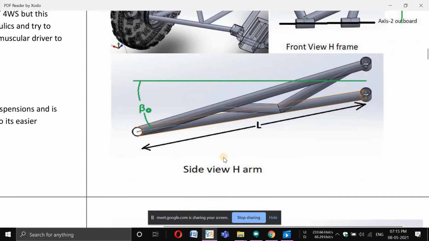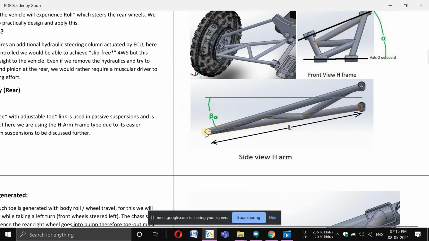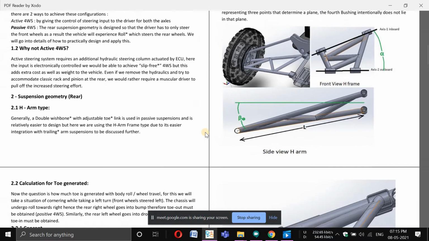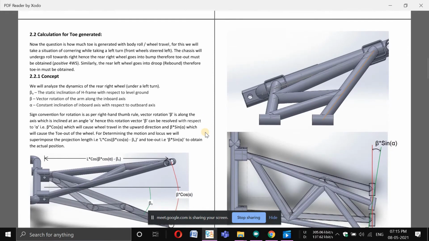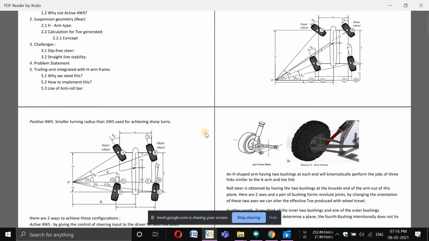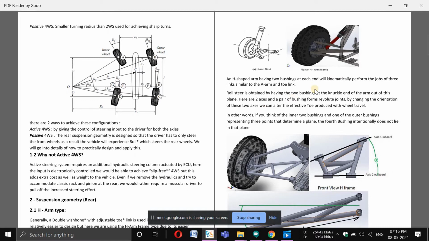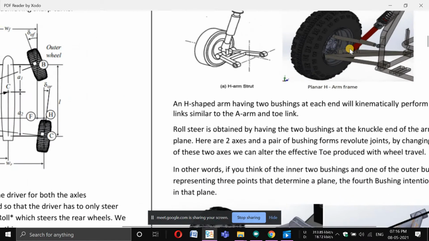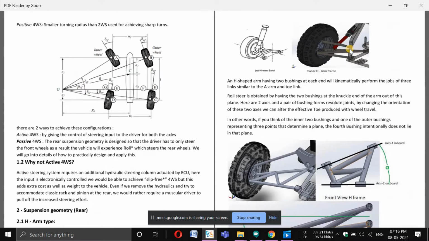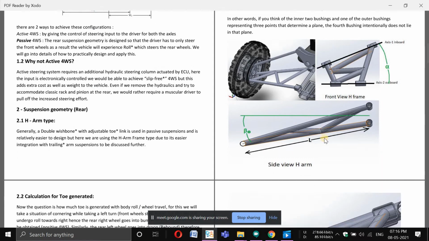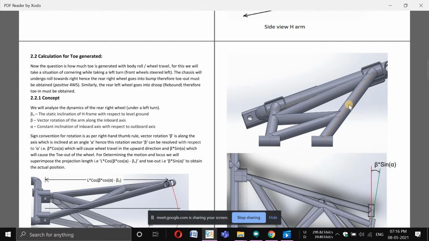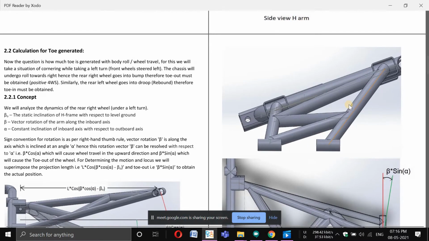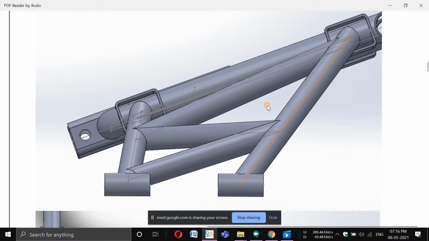This is the front view, and this is the rear view or the side view. This was the introduction to this geometry, which we have already used in the previous car. I have just modified it and made this arm like this. And this, we can say, is the front view here.